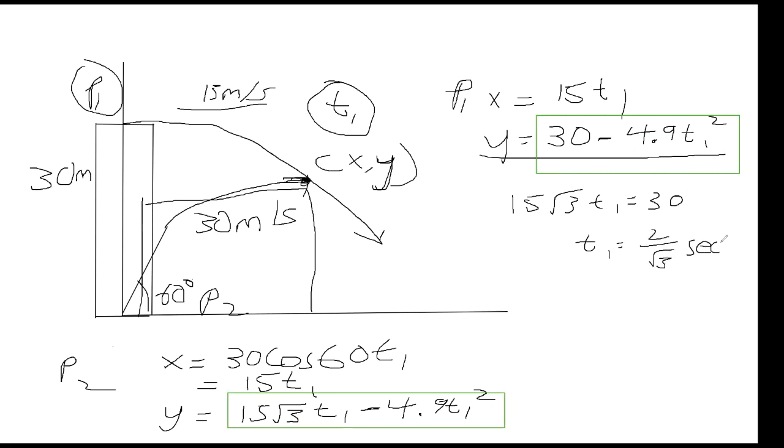And then it just asks for what x and y are. You just sub in 2 on root 3 into either one, it doesn't really matter which. 2 on root 3 times 15, so x equals 30 on root 3.